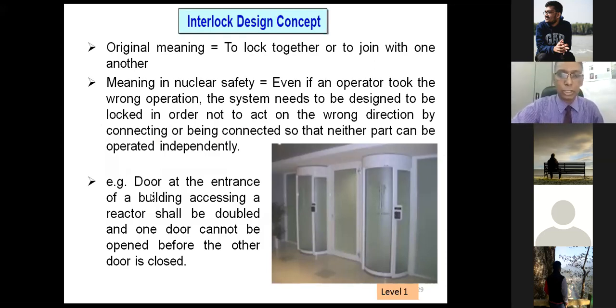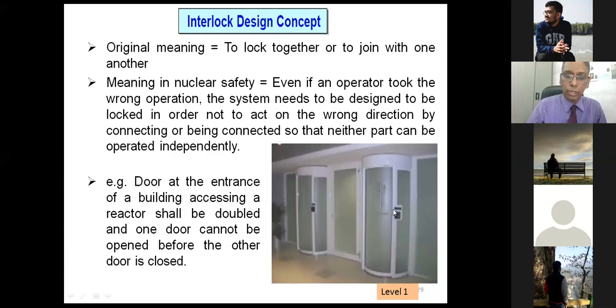Example I have mentioned here: the door at the entrance of a building accessing a reactor shall be doubled, and one door cannot be opened before the other door is closed. That means if you enter the control room or reactor control system room, there will be two doors. One door is the entry point, another door is the exit point inside.